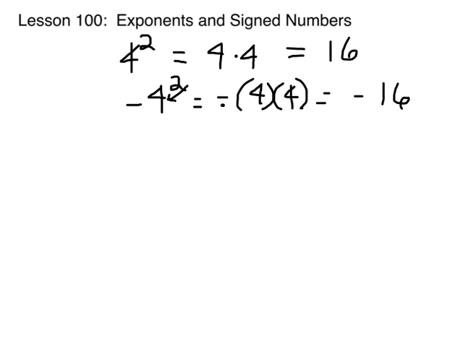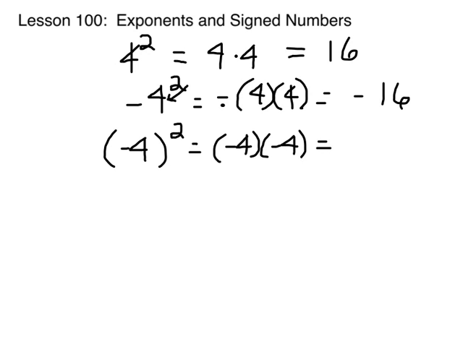Now, if I see this enclosed in parentheses, then that means I'm going to square negative 4. So negative 4 times negative 4 equals positive 16. So there's a huge difference in this one and this one, and you have to pay attention whether there is a parentheses or not.